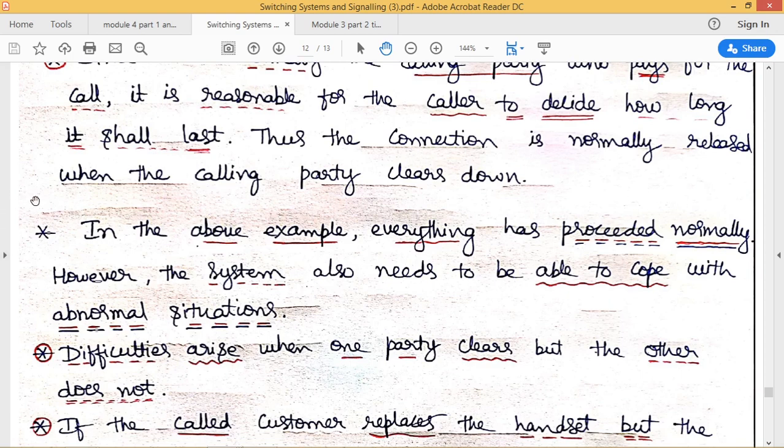If both place their telephone, or both go on hook, no problem. But if one of them does not place the handset into the telephone, we will arrive at different types of difficulties.